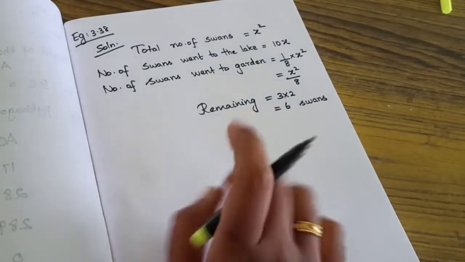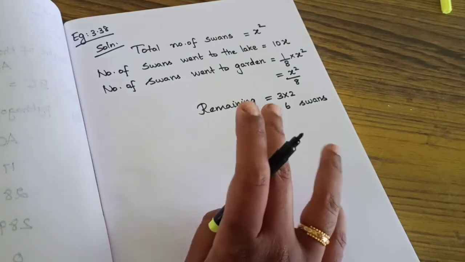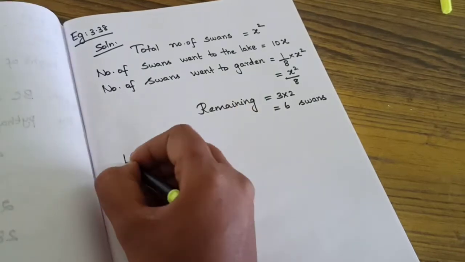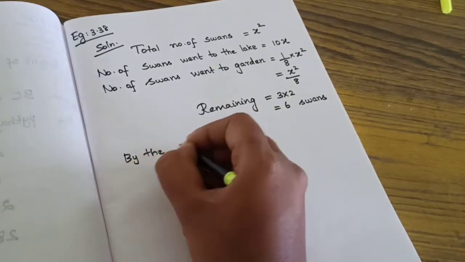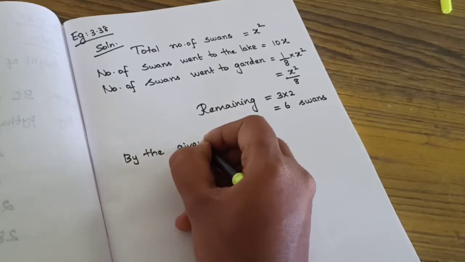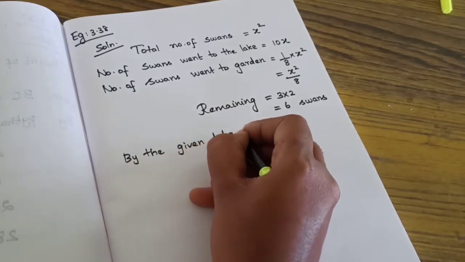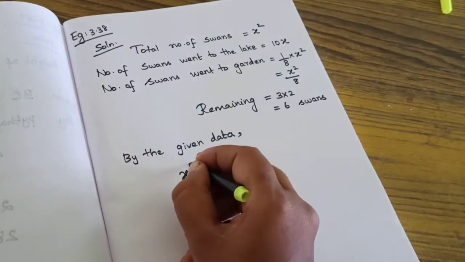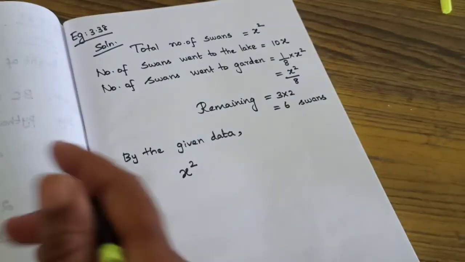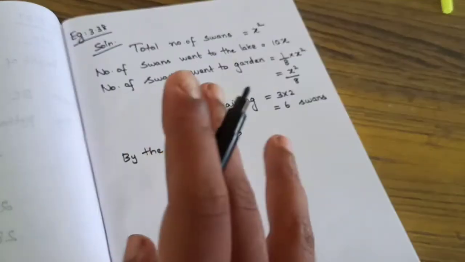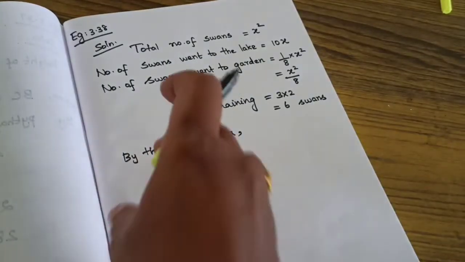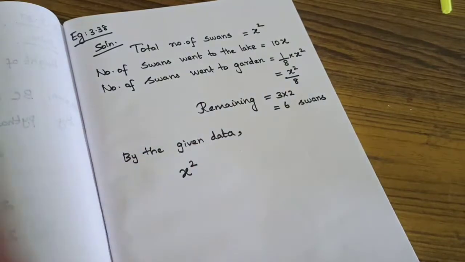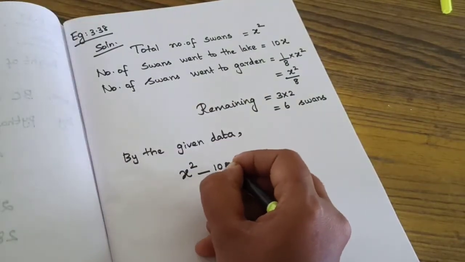How many swans were there in total? So total number of swans we need to find. By the given data, listen, from x square swans, how many went to the lake? Went means it flew away, no? So we need to add or subtract. From this group, some members are gone. So minus 10x.